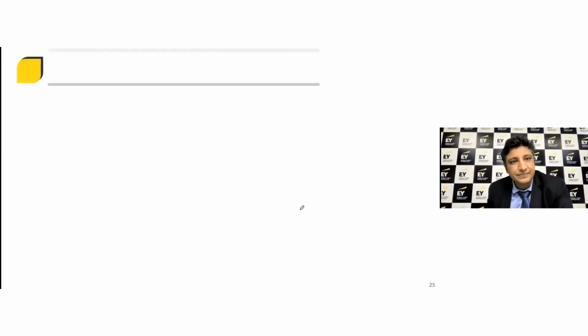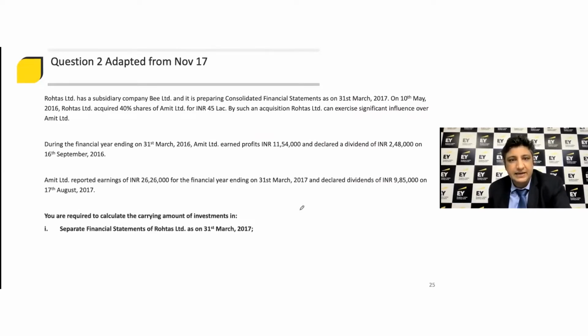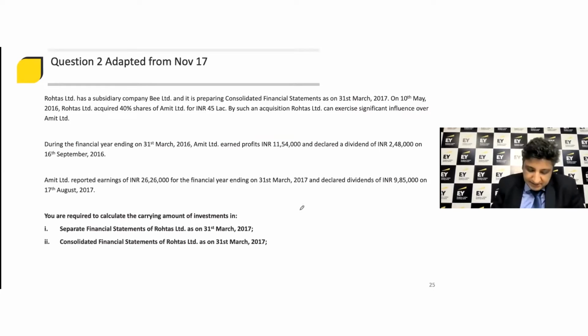All right. Let's have a look at this question, which was tested. This is adapted from November 2017. This question suggests that Rohtas Limited has a subsidiary named B Limited and is preparing consolidated financial statements as on 31st of March 17.